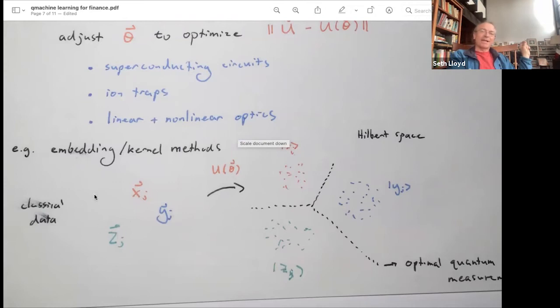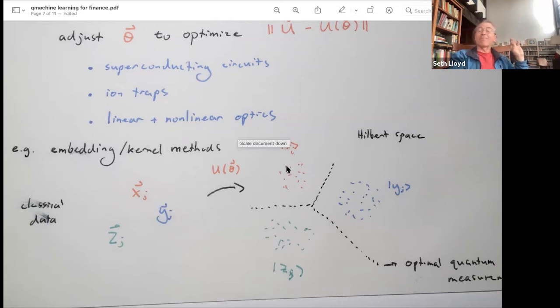So the idea here is we have classical data, like say pictures of ants, pictures of bees, and pictures of cockroaches. Why not? The embedding means we take these actual pictures and we have an embedding map that maps them into a very high dimensional vector space. And this vector space is a so-called Hilbert space. It has a metric on it, and that's what this kernel refers to.